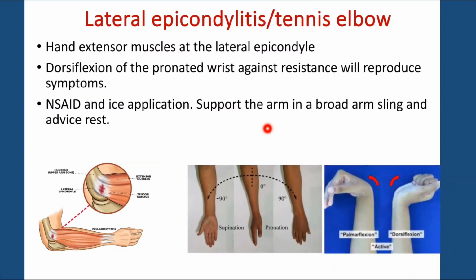We have tennis elbow and golfer's elbow. Tennis elbow is lateral epicondylitis. This is the lateral epicondyle, and all the extensor muscles attach to it. With repetitive use and abnormal use, it leads to inflammation of that tendon insertion.